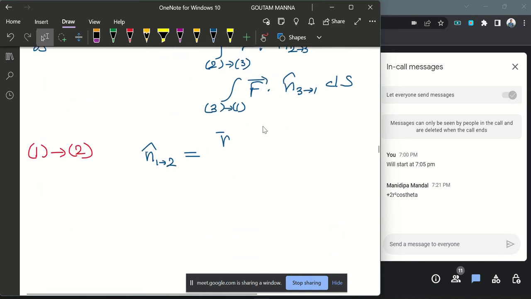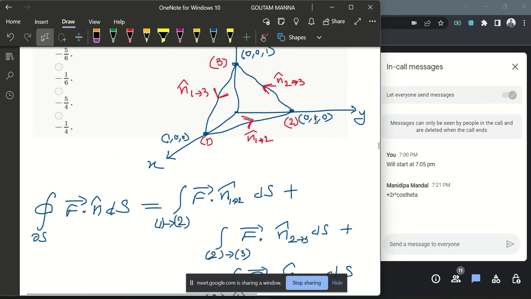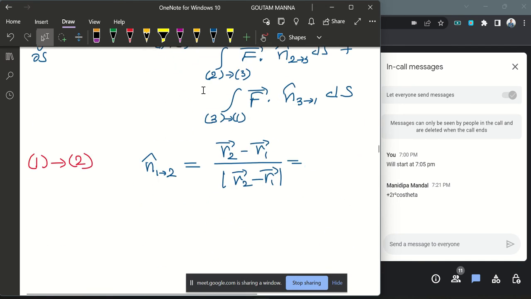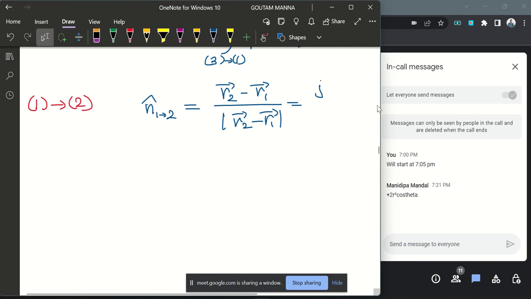So R2 is j hat and R1 is i hat. So it is j hat minus i hat, divided by the magnitude, which will be root 2.